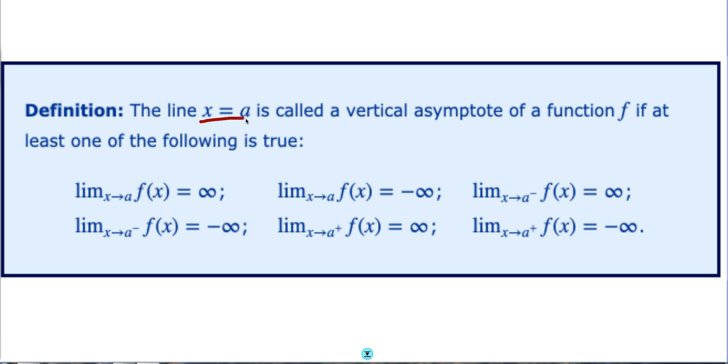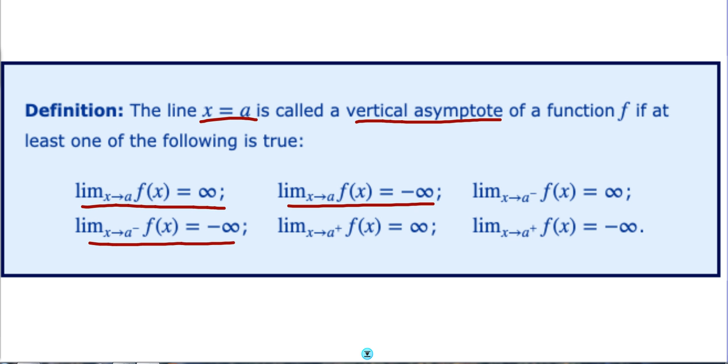the line x equal a is a vertical asymptote of f of x if at least one of these is true. The limit as x approaches a is infinity. The limit as x approaches a is negative infinity. The limit as x approaches a from the left is infinity, or the limit as x approaches a from the left is negative infinity.